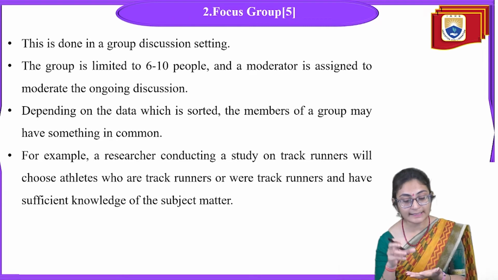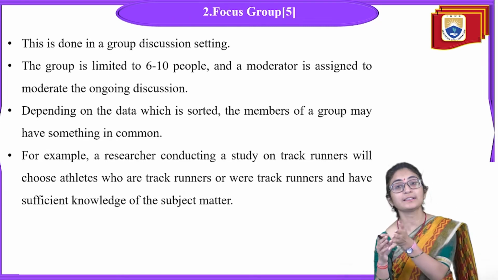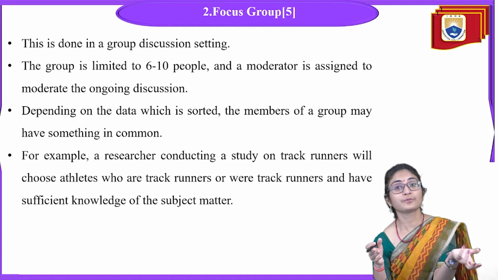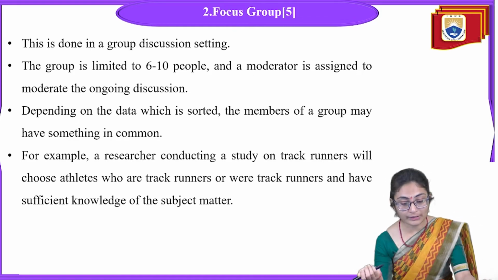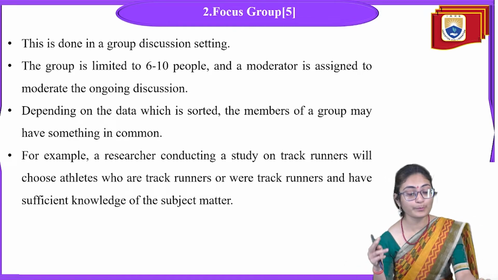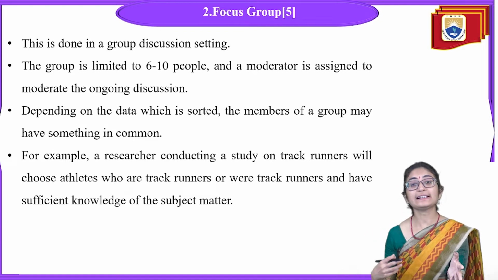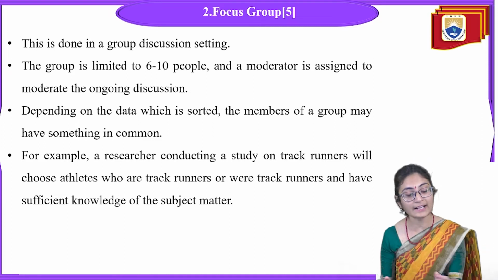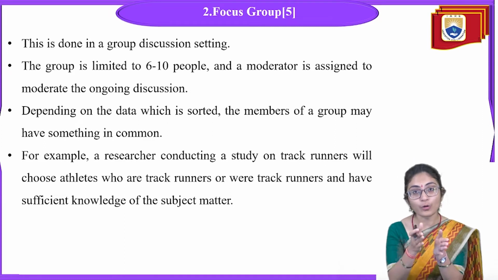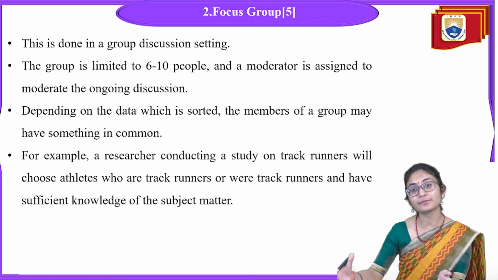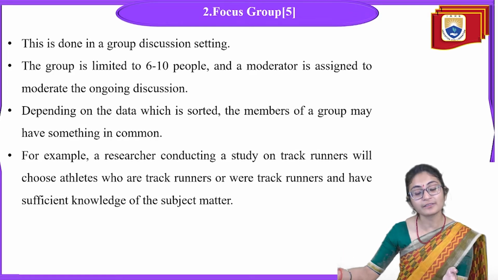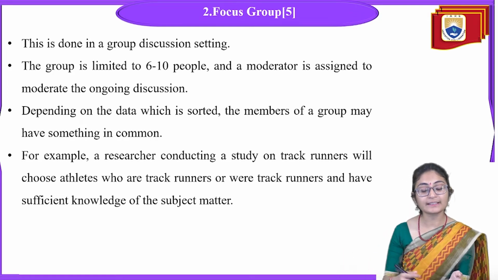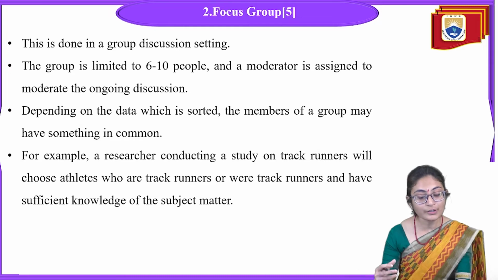The data depends on how it is sorted, or the members of the group may have something in common. That means when you collect data from different sources, you will find out which data is common and which is unique. On that basis, you will collect the qualitative data, and this data will be very important for your research.